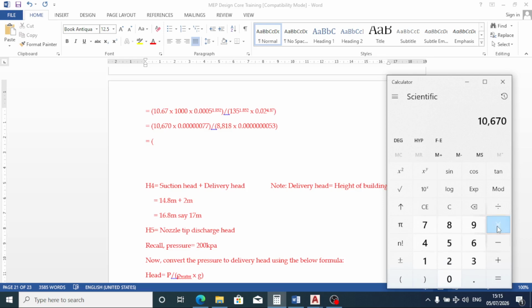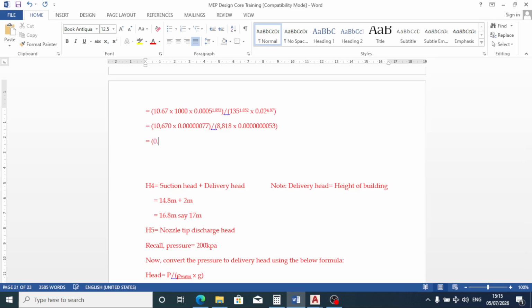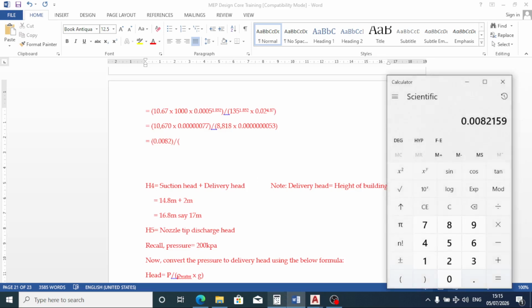$10,670 multiplied by 0.00000077, 0.0082, 0.0082 divide by open bracket 8,818 multiplied by 0.0000000053.